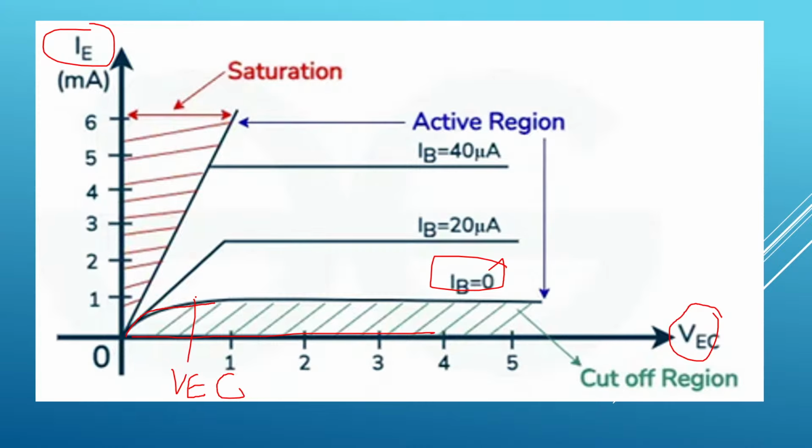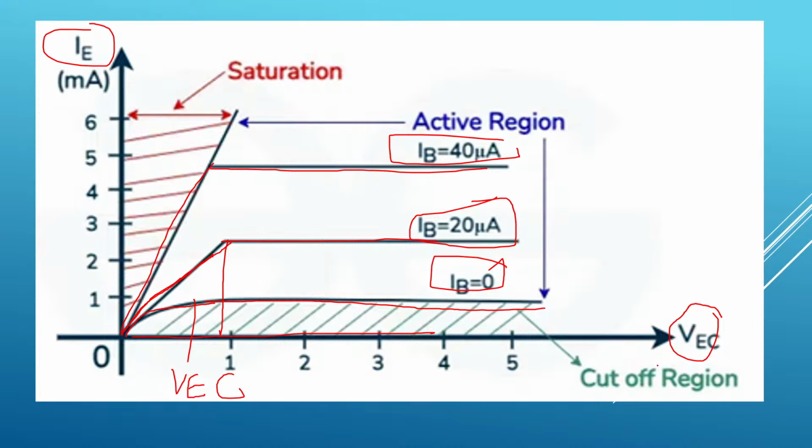After that, IE becomes constant. Similarly, for another value of IB of around 20 microamperes, as VCE increases gradually, IE also increases up to a certain value. After that, IE becomes constant. Similarly for IB equal to 40 microamperes, IE increases and then becomes constant.